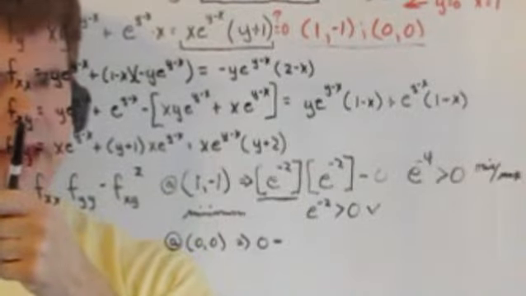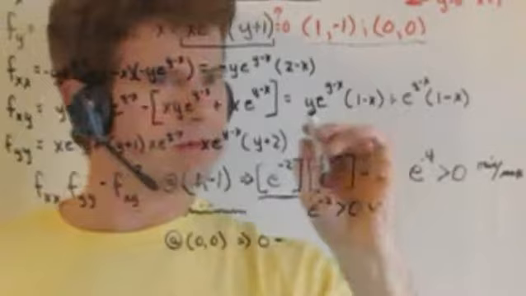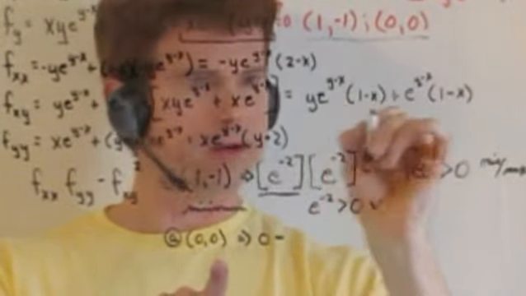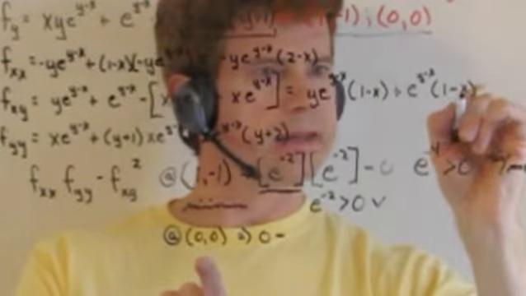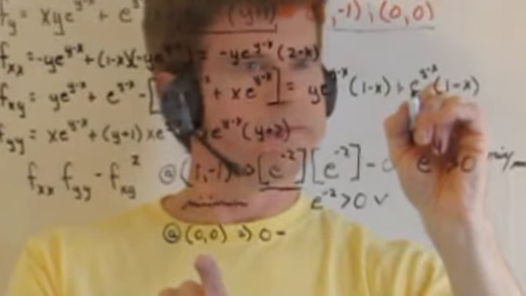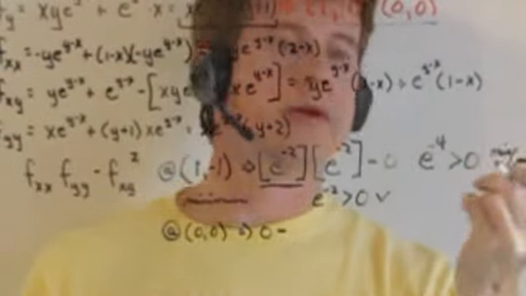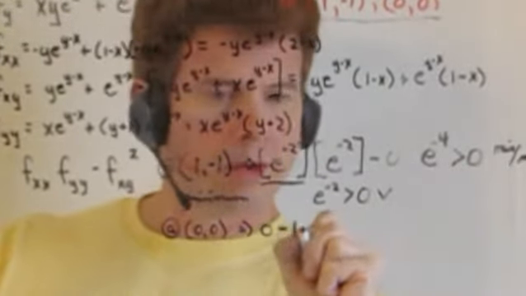But now we have the fxy, which then gets squared here. So what does this evaluate out as? Okay, y is 0, so we don't have to worry about that. We now have x equal to 0, so that's 1. So we're looking at e to the 0 minus 0. Well, e to the 0 is going to be 1. 1 squared, of course, is 1.